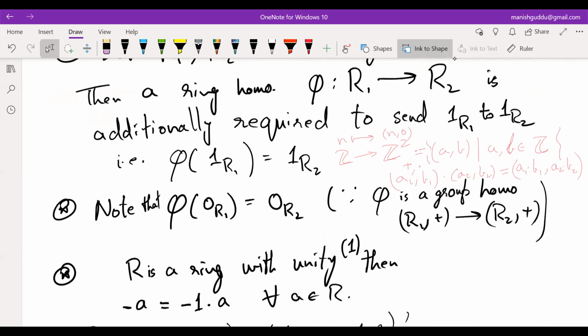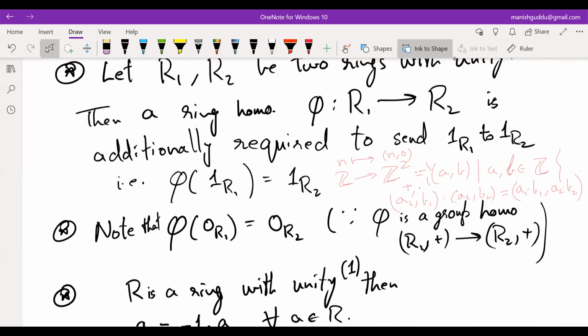There is one more thing which I forgot. So there are examples. This example I did before the break, I think.